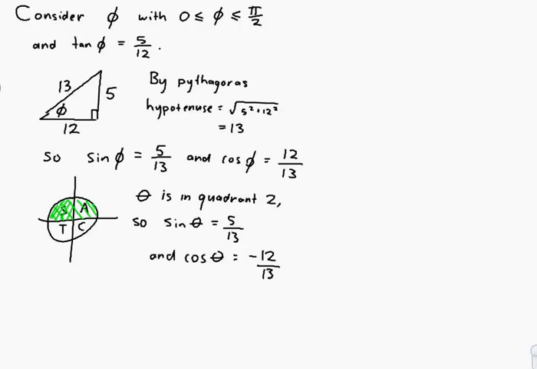So sine theta is 5 on 13 and cos theta is minus 12 on 13. Now, we were supposed to find the exact values of sine theta and cos theta, which we have done. So that's the end of the first part.